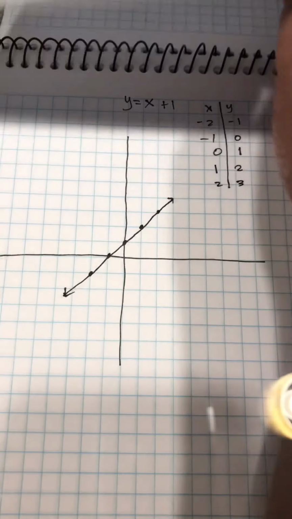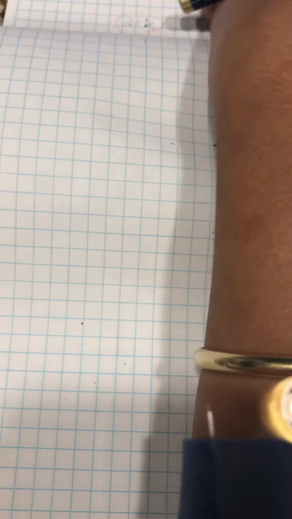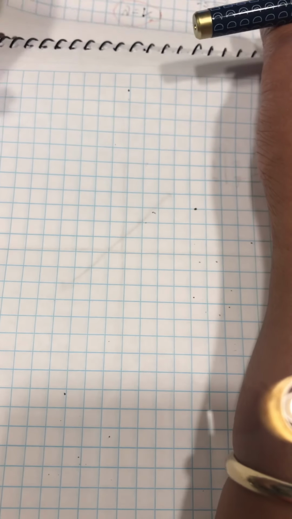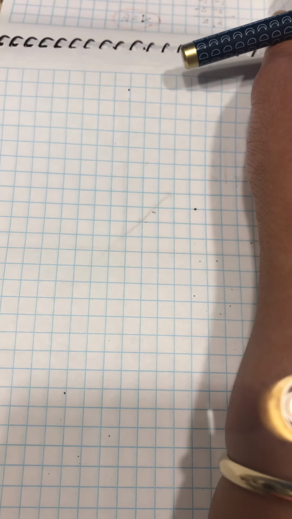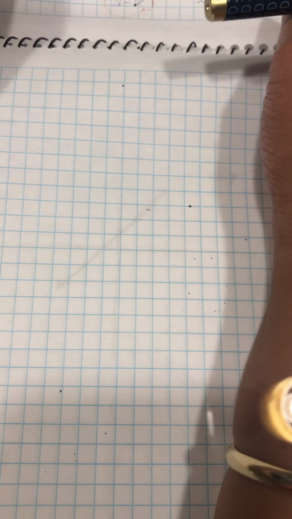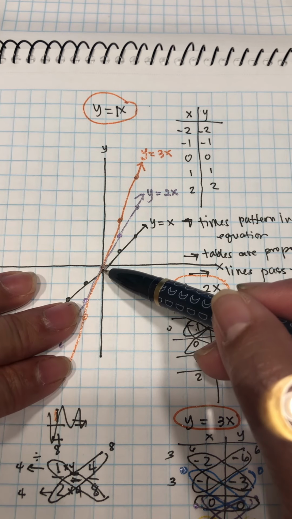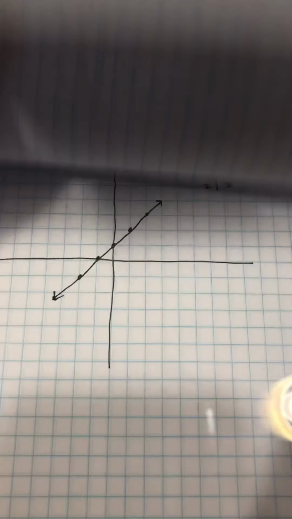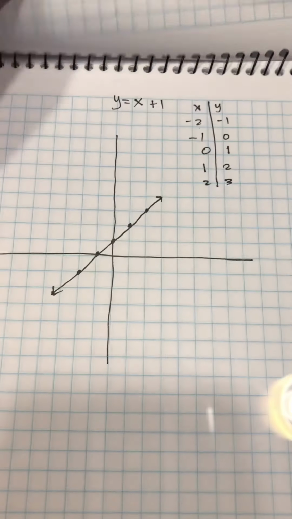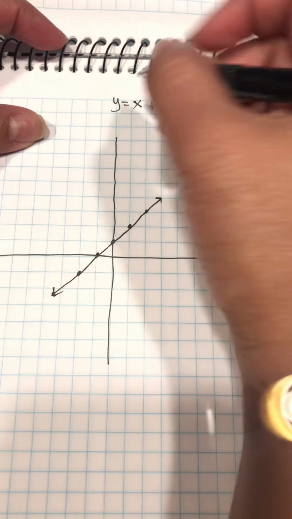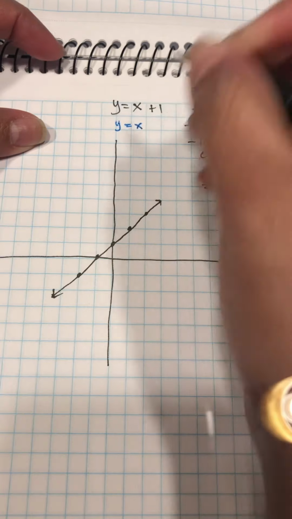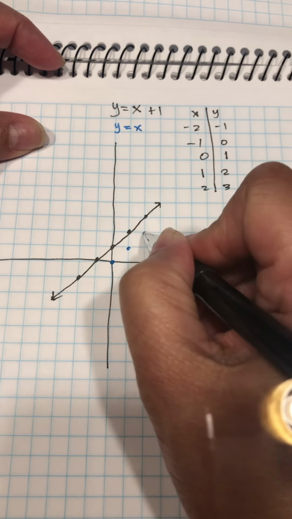Oh, where was it? Here it is. This line right here did not pass through 0, 0, but this line here passes through 0, 0. Okay. And let's do our y equals x as well. So you will see it as our guide. With y equals x, it's right here.